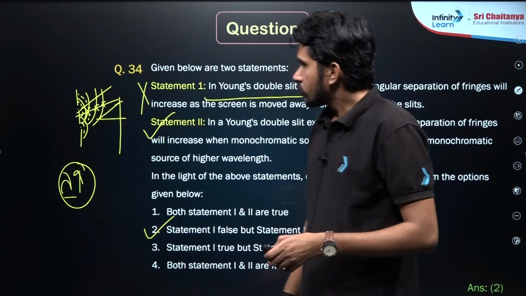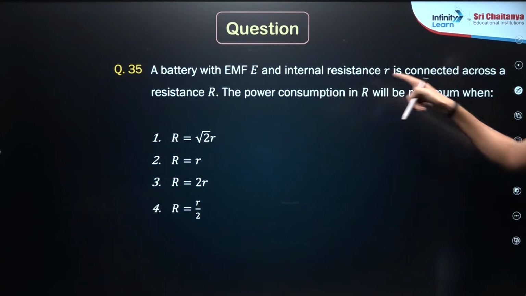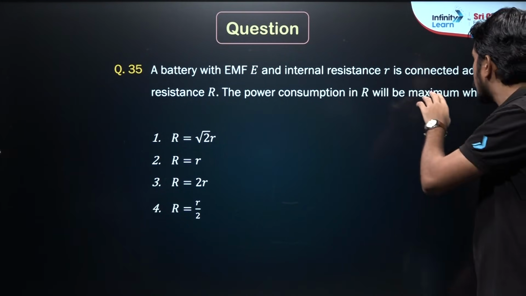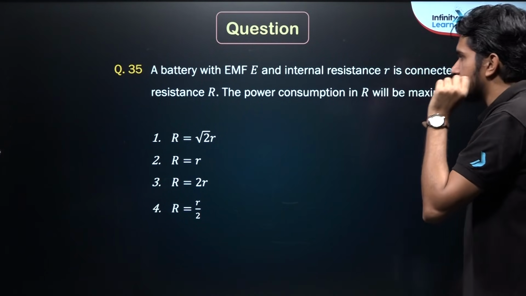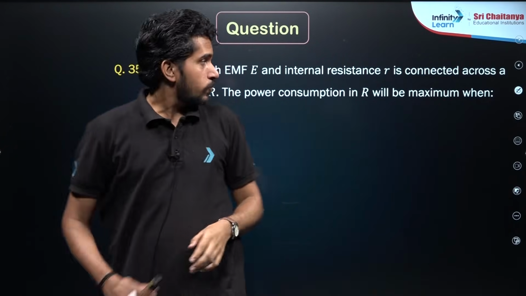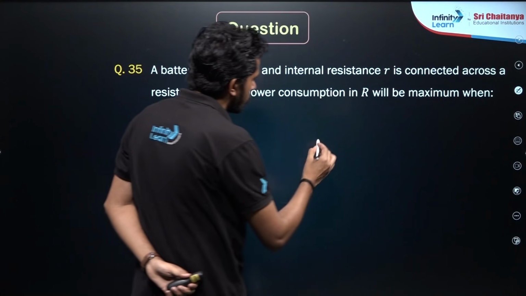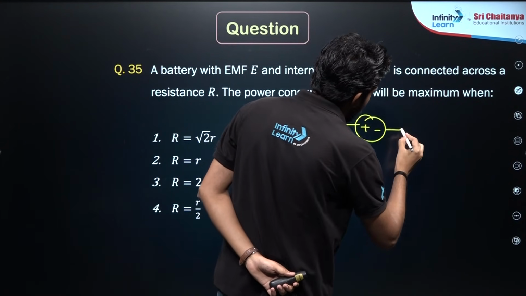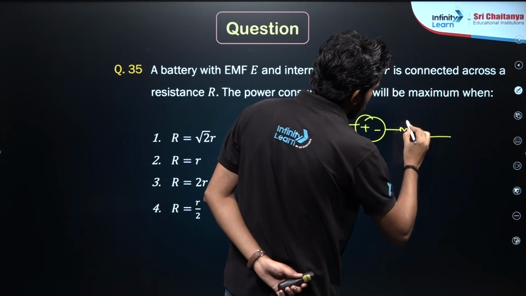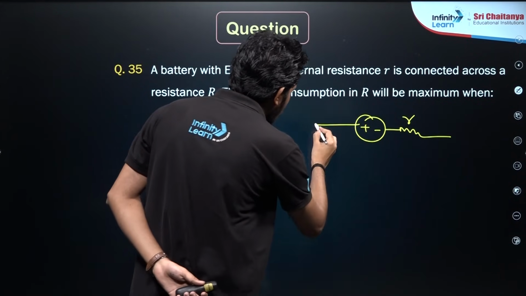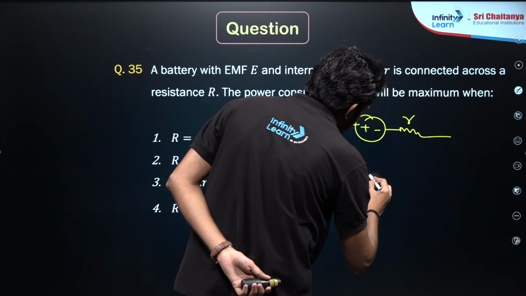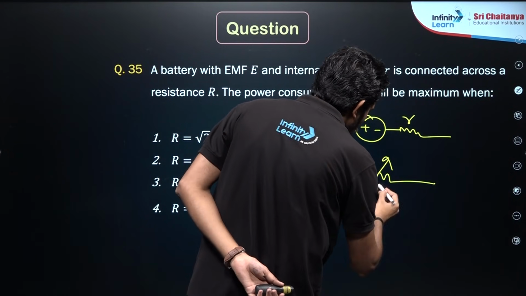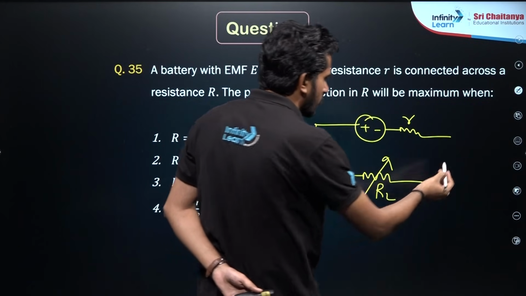Then, a battery with EMF E and internal resistance R is connected across a resistance. In this problem, we have a battery, and it has its internal resistance R, and it is applied across RL, let's call it RL, the load resistance.